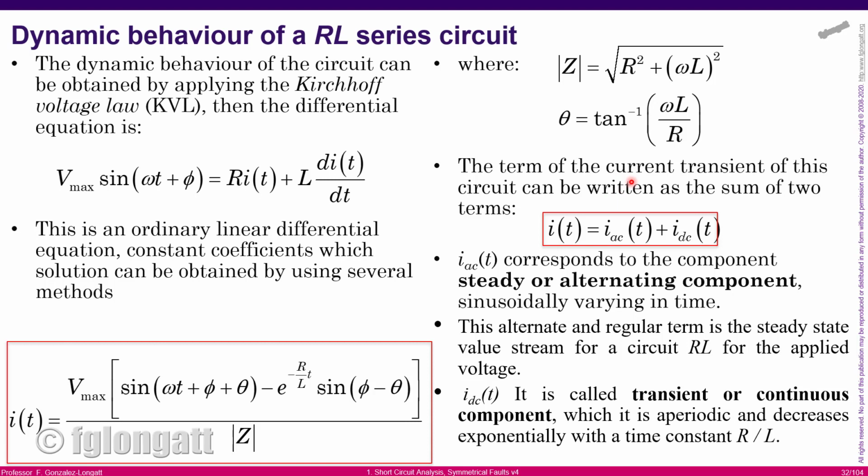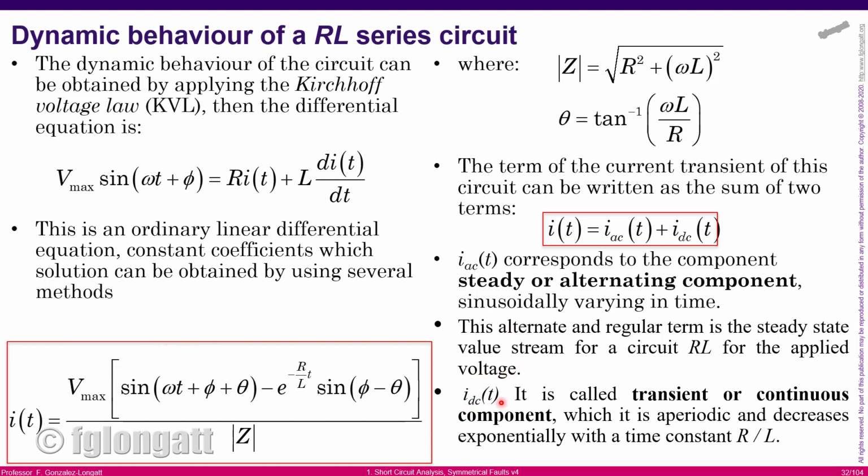But coming back to my original discussion, I need you to understand that this expression for the current can be divided into different terms. One term that we will call the AC or steady state or the alternating component, okay? And we say that because this term here, when time changes, we are using a sine wave to define the changes on the voltage.